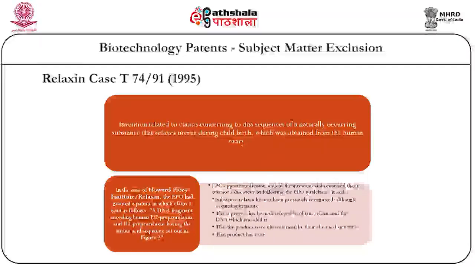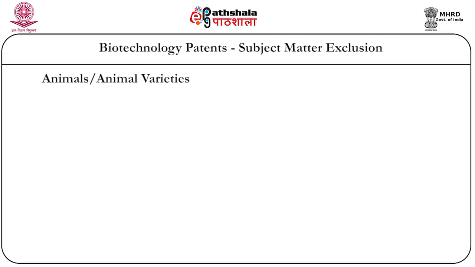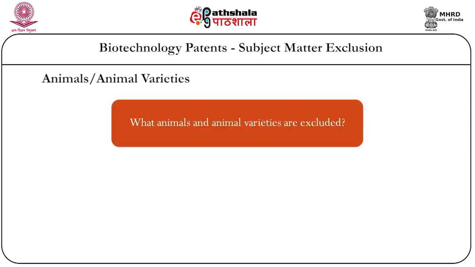Now, this decision in Relaxin actually opened up a lot of issues relating to both ethical and legal dimensions of patent eligibility in Europe. In a subsequent decision pertaining to animal varieties, what animals and animal varieties were excluded by the European Patent Convention was an important question.